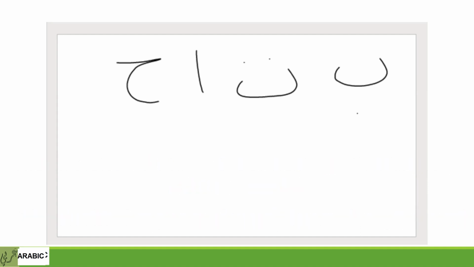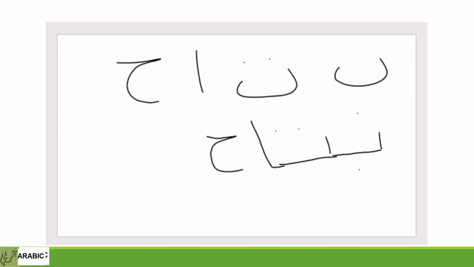So we're going to start with the be, and it's going to have a short side, followed by the longer line and the dot. Next, the te, the same way. It's going to have its short side, followed by the longer line and the two dots. And then we're going to add the alif. And the last one to go is ha.